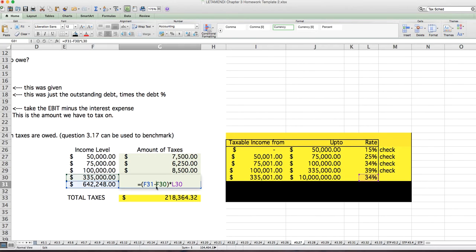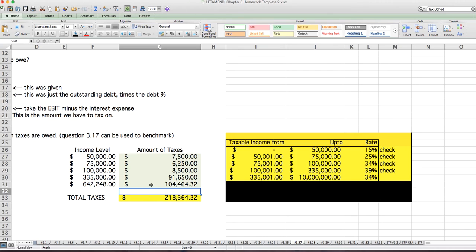To do that, we take this amount, 642,248, minus the top cap of the previous range, which was 335,000, which you can also just get from here, times the tax rate for that particular range right here, 34%. And when you do that, you get $464.32.